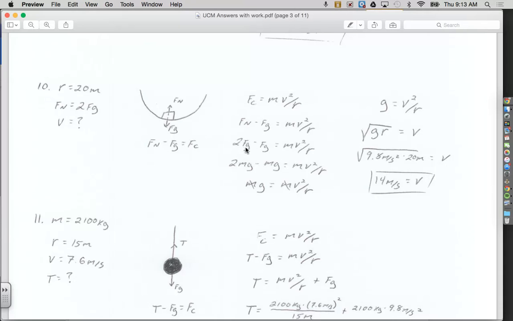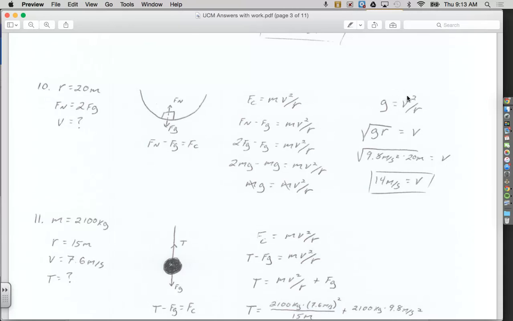Well, 2 F of g minus F of g, and I'm going to plug in what F of g is, which is mg and mg. So 2 mg's minus an mg is just 1 mg. So mg equals mv squared over r. My m's cancel, because I have it on both sides, so I can divide them out. And I get g equals v squared over r, which I wrote over here.